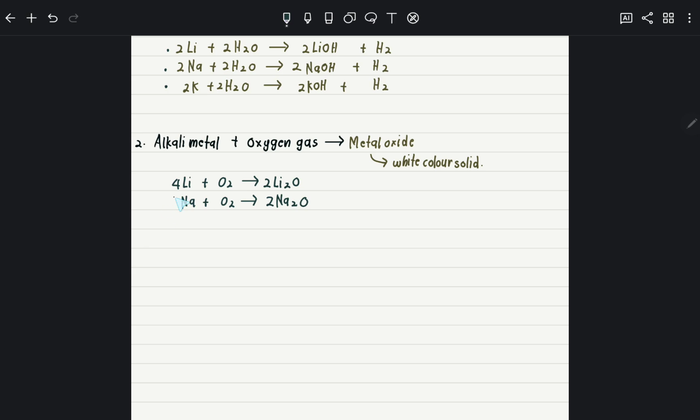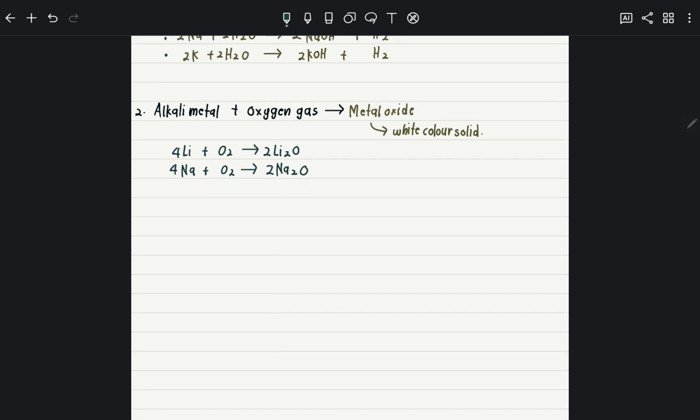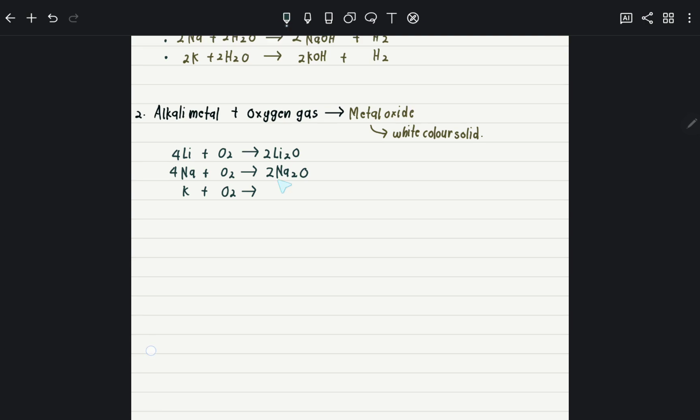So Na jadi 4, 4Na. Okay, and then last one, we have potassium. 4K plus O2 produces, you boleh try buat tanpa seimbangkan, then nanti you seimbangkan, then you akan dapat jawapan yang sama. Tak apalah, saya buat lah. K plus O2 produces K2O. Letak 2 kat sini, letak 4 kat sini.